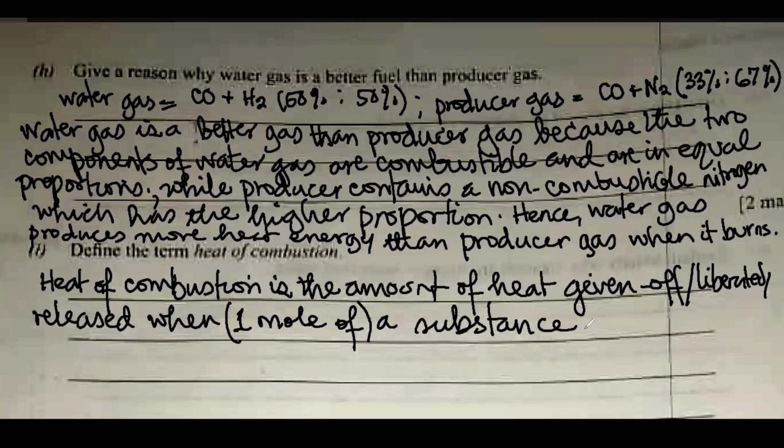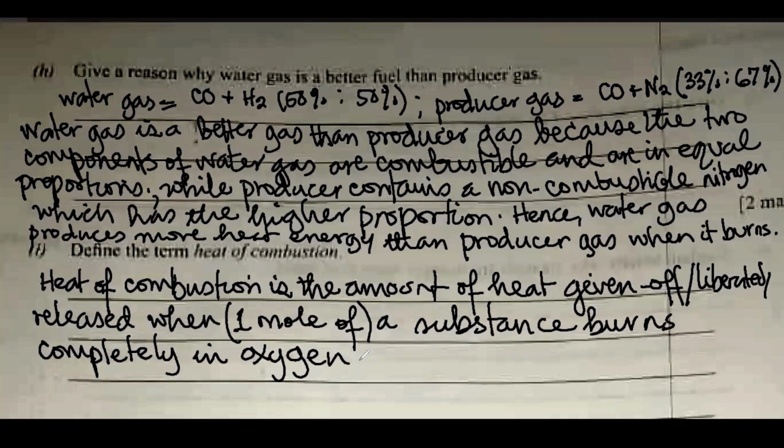When 1 mole of a substance bonds completely, very key, when 1 mole of a substance bonds completely in oxygen. So it is the amount of heat released when 1 mole of a substance bonds completely in what? Oxygen. But if they had asked us to define the standard heat of combustion, I mean the amount of heat given off, liberated or released, anyone, right? When 1 mole of a substance bonds completely in oxygen under standard what? Conditions.